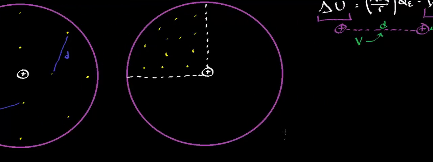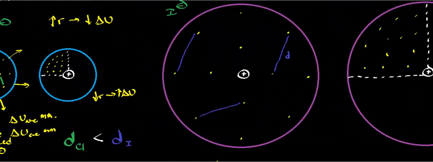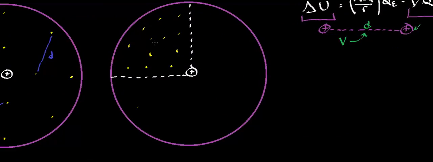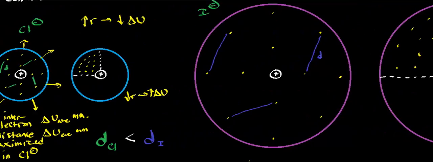If I do the same thing, apply a similar electric field to the iodide, I'm still going to force these electrons into this octant of the sphere, but the inter-electron distances are still a lot larger than they are in chloride. And so the potential energy in iodide with the electric field applied is still going to be a lot lower than it is in chloride.